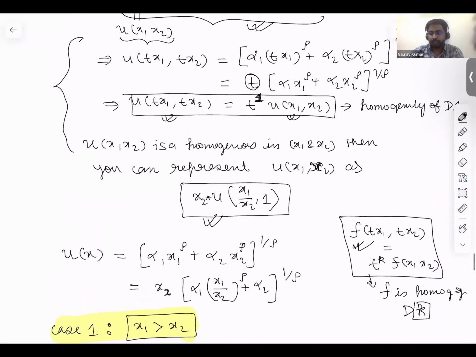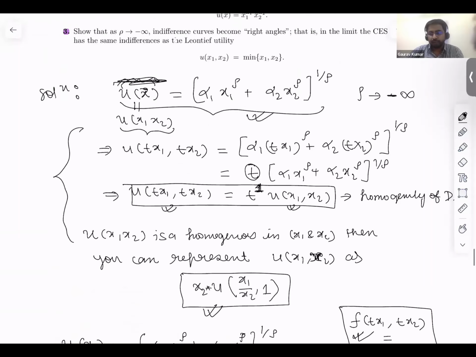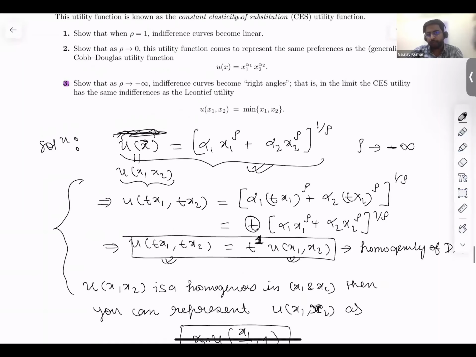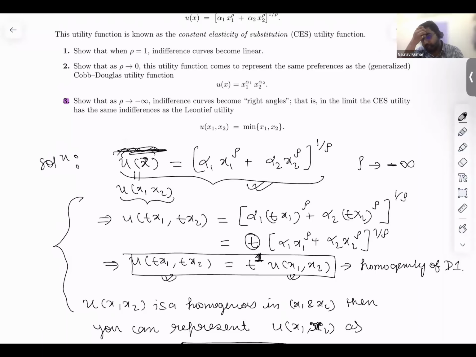So this question does not have very much economic intuition in it. It definitely has, if you go into the economic intuition, which is very important to understand. But from a solving standpoint, if you have been asked to show that when rho tends to minus infinity, the constant elasticity of substitution preferences tend towards Leontief utility preferences, that is the process that has been used.